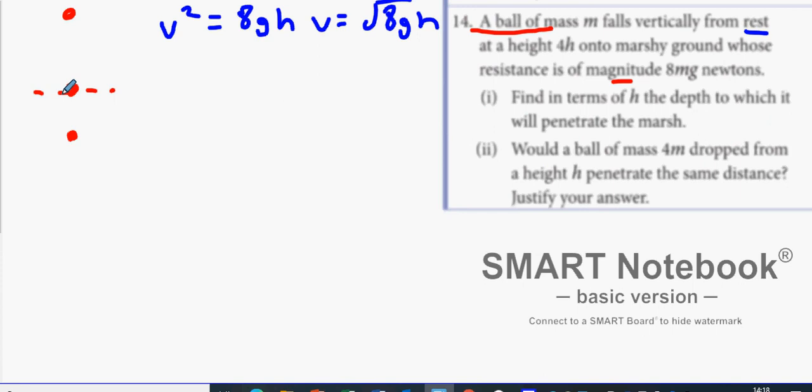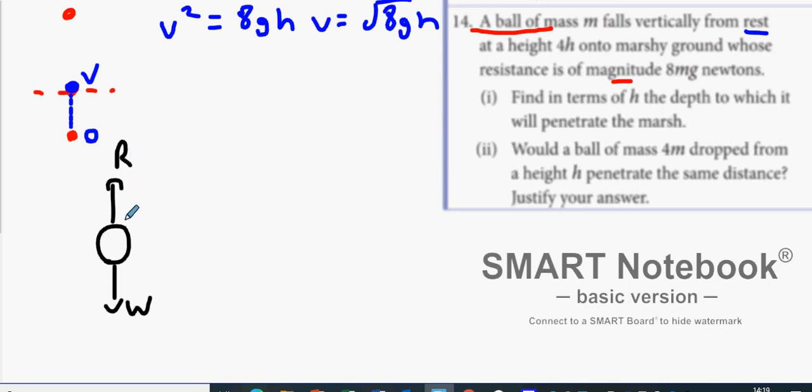So that's what we know here. That V, this is where V is, right? Then we go down and we get a velocity of 0. Now there's two things at play here. There's force due to gravity. There's the weight of gravity acting downwards, and then there's the resistance acting upwards.